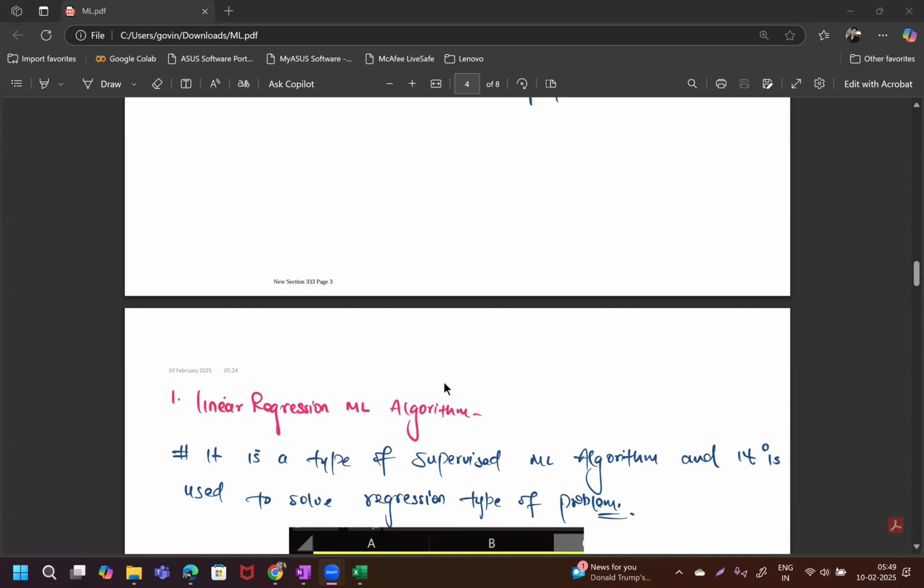If you talk about regression, house price prediction is one example. On what parameters does the price of a house depend? For example, the size of the house in square feet, number of bedrooms, number of bathrooms, location like city, neighborhood, etc., age of the house, nearby amenities like schools, parks, malls, etc. Depending upon these parameters, the algorithm will decide the actual cost of the house.